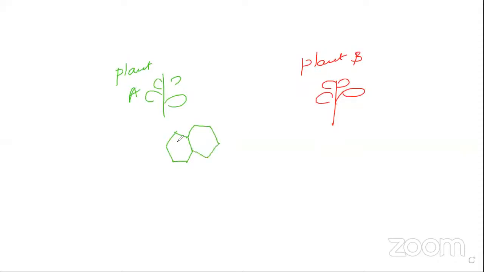Inside, what are the things there? The outermost cell wall is made up of cellulose, because plant cells are made up of cellulose, which is one of the structural polysaccharides. Similar to that, plant B is also made up of cellulose, because it is also a plant.